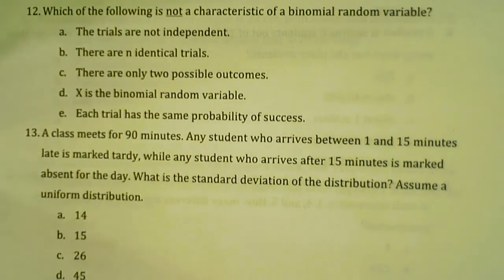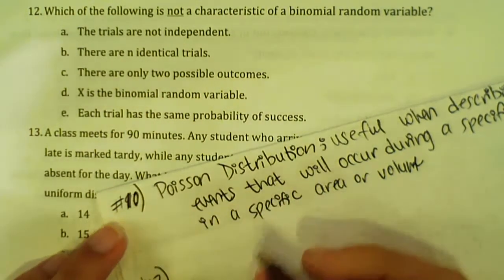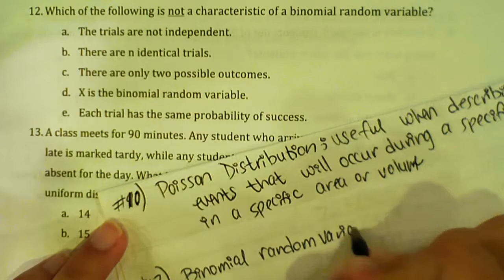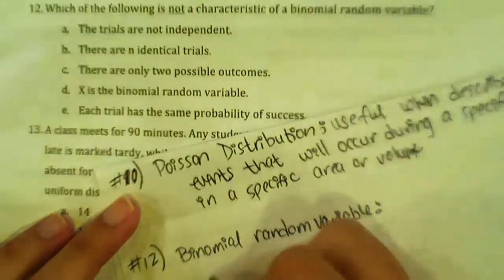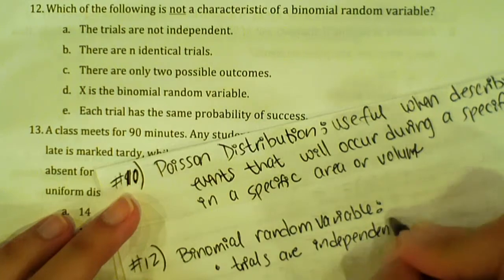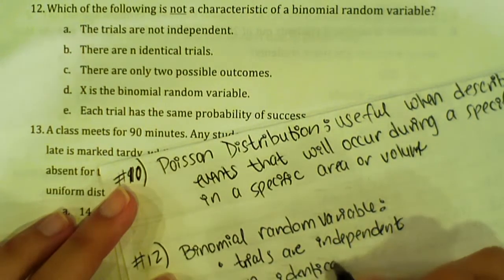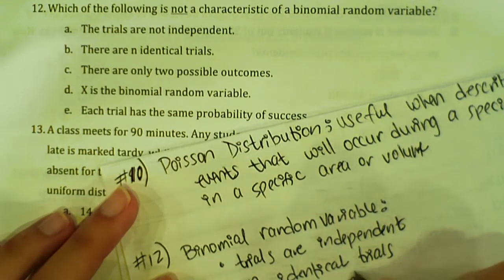So a binomial random variable has all of those except for A. So trials are independent, and identical trials, and two possible outcomes only.